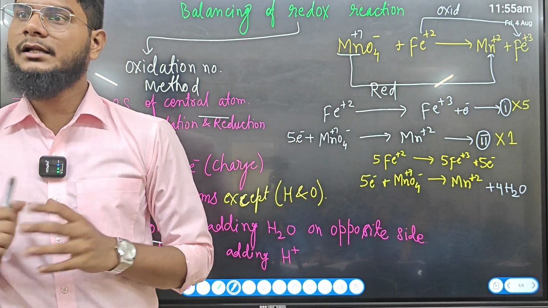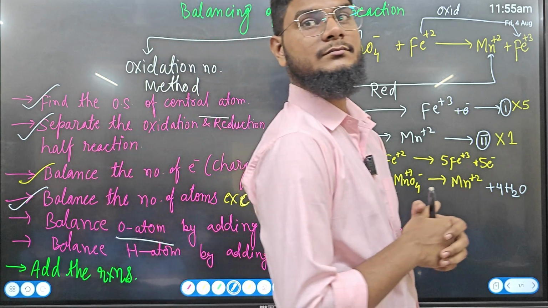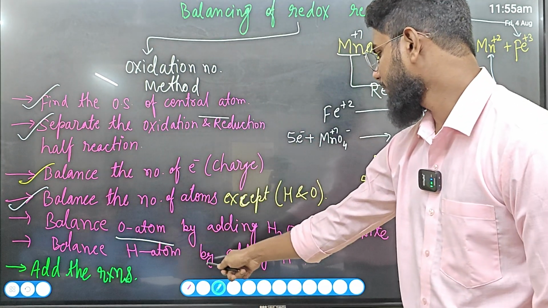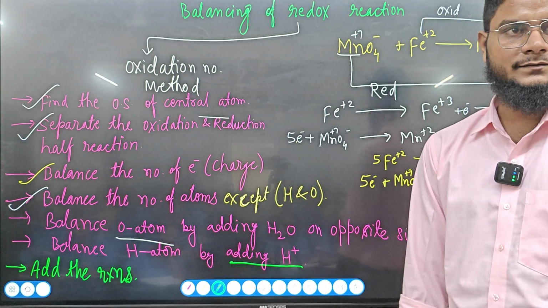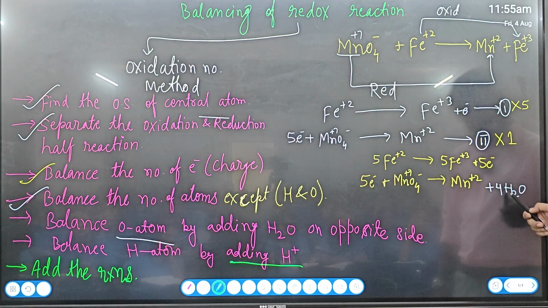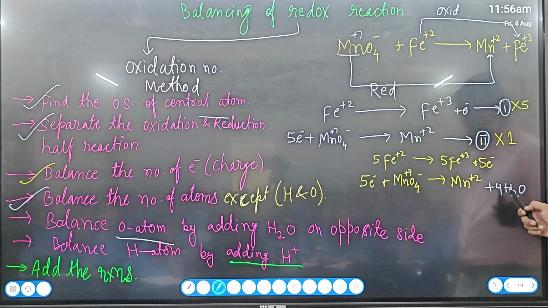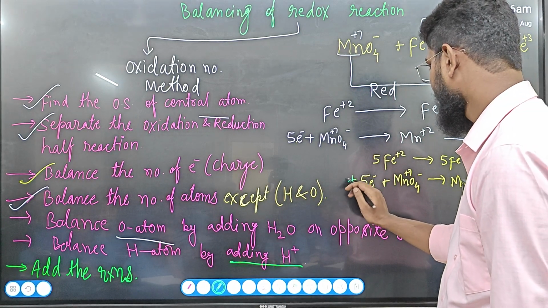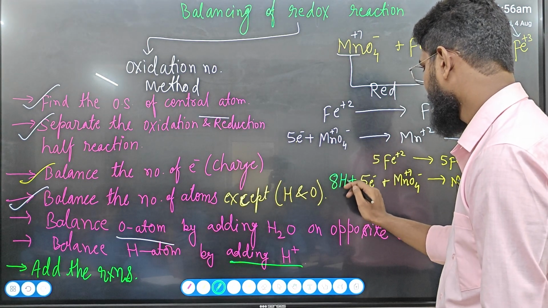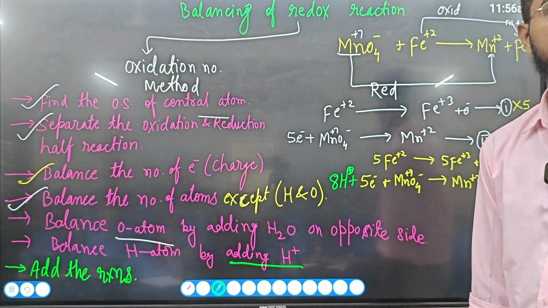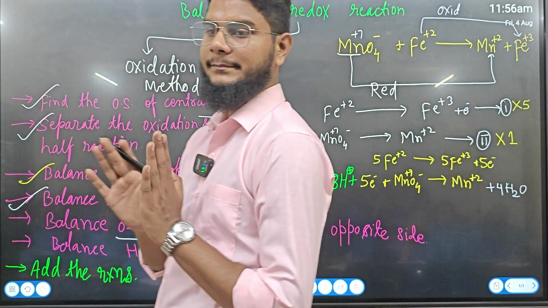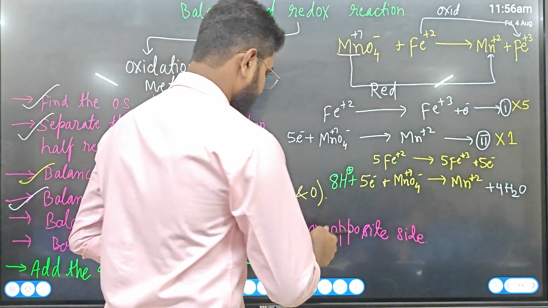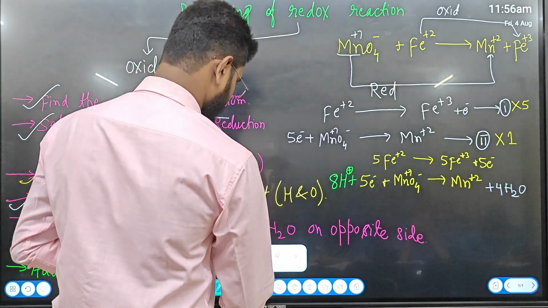Oxygen is balanced. Now you have to balance hydrogen. How to balance hydrogen? Balance the hydrogen atoms by adding H plus. So how many hydrogens do you have here? 8, right? 4 times 2 is 8. You have to write 8 H plus on this side. Your reaction is completely balanced. Now you only have to add the reactions. I'll erase this part.